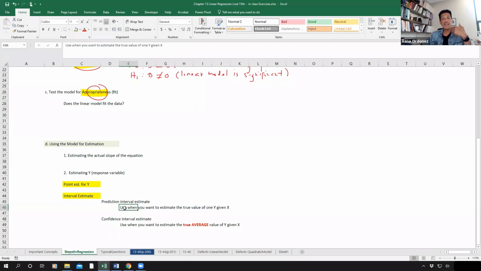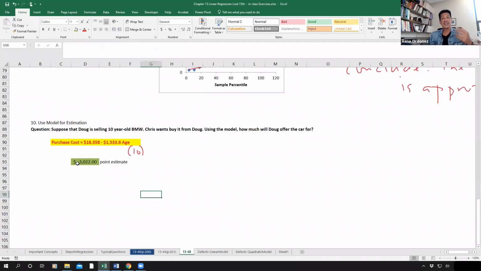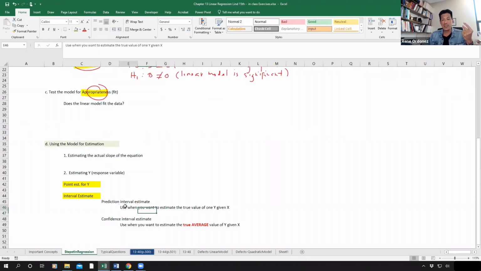So if you were trying to estimate the interval estimate of Doug's car, since there's only one case here that you are interested in, then we will be using the prediction interval estimate.